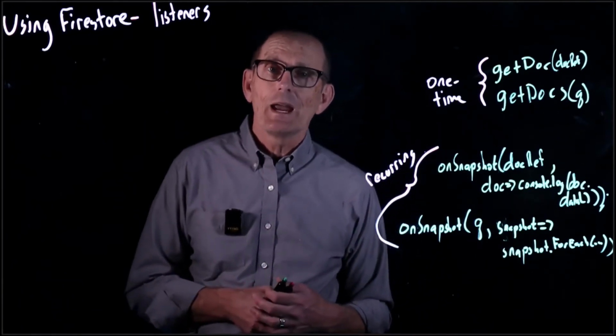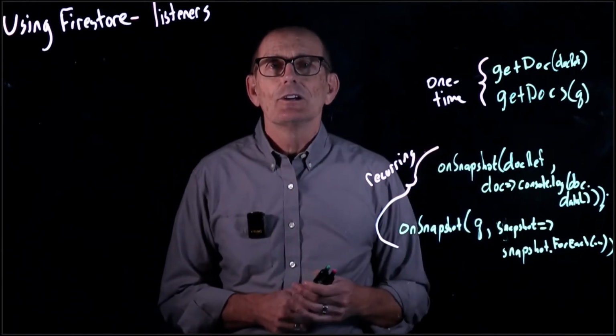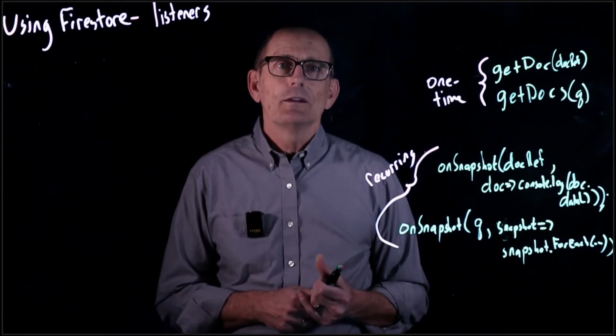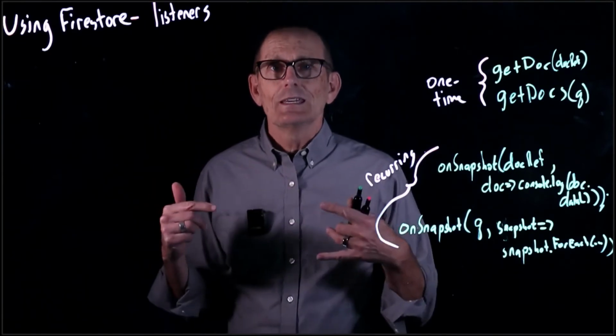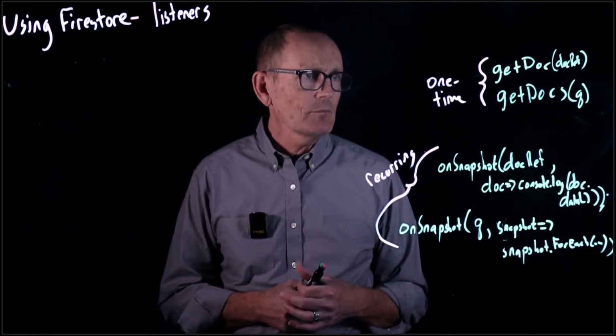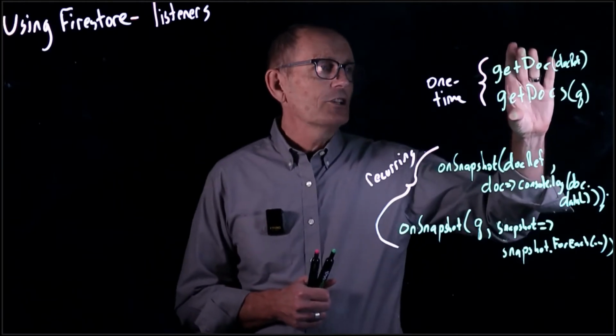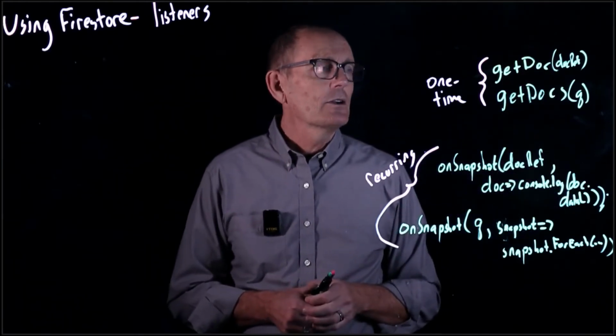And that works really well with React, where you're going to just recreate the entire tree, and then React will look and see what has actually changed and what needs to be updated in the DOM. So these you're normally calling in opposition to calling getDoc or getDocs.